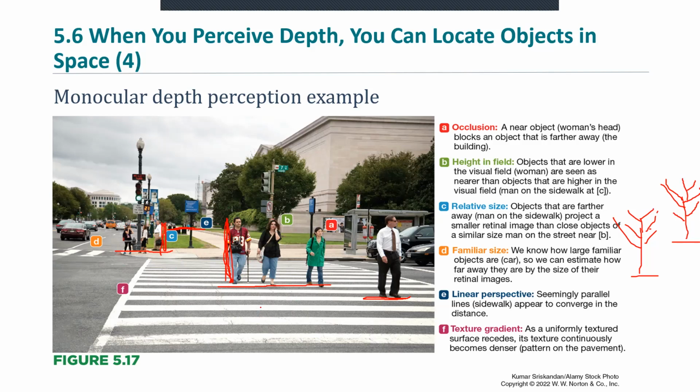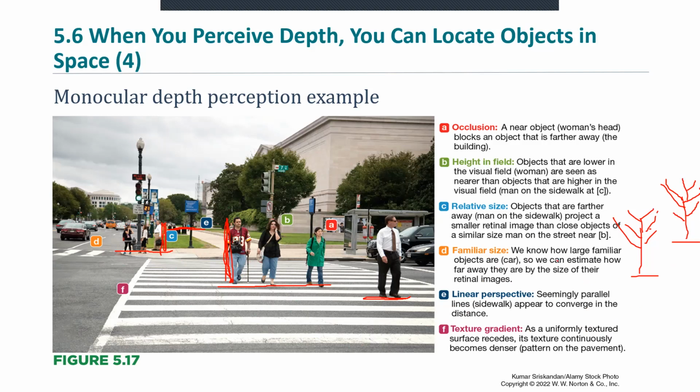So that's relative size. If you know that two objects are about the same size, but one of them appears to be smaller, it must be farther away. Once again, these probably all seem like really obvious things, but we use all of them all the time without thinking about it or knowing about them.